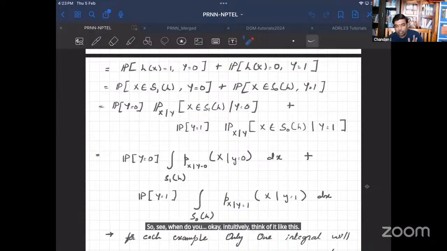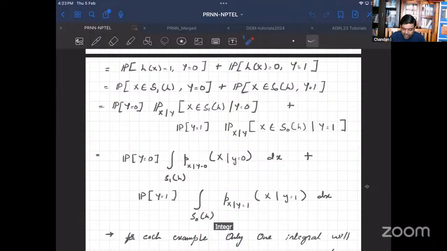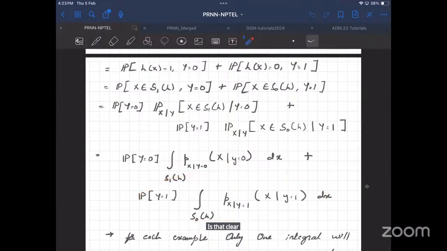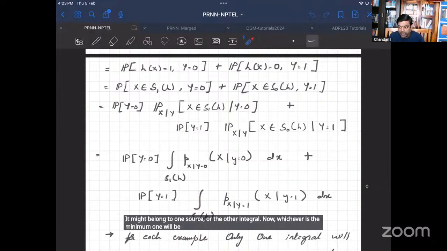For any given input, either this integral will be evaluated or this integral will be evaluated, correct? Is that clear? Yes, sir. Okay. So now which integral will be evaluated in between them? If you are saying it as 0, it might belong to 1. So the other integral, whichever is the minimum one, will be integrated, right?